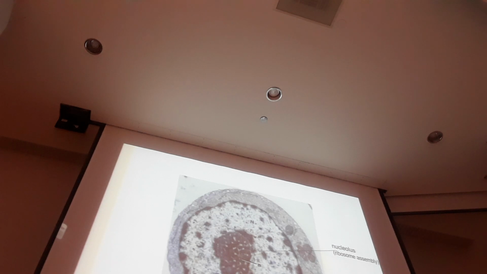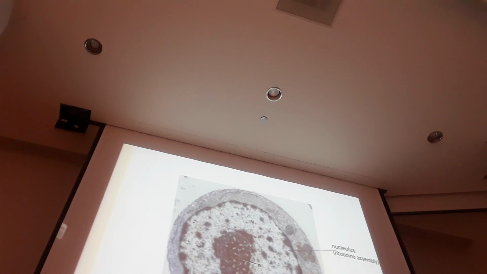If you look at a cell's nucleus under the microscope, you'll see different areas that have different densities. Here we have a large blob, which is rather dark, rather dense, and that's the nucleolus. That's the area where we have transcription of RNA and assembly of ribosomes. And then the rest of what we see here, which we can refer to as chromatin in general, has lighter areas and darker areas.